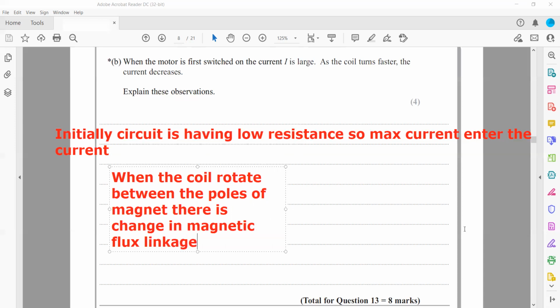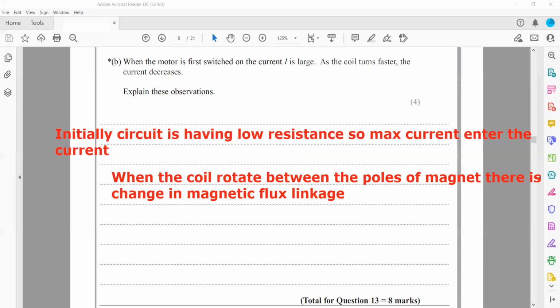And because of this change in the magnetic flux linkage, what will happen? The EMF will be induced.